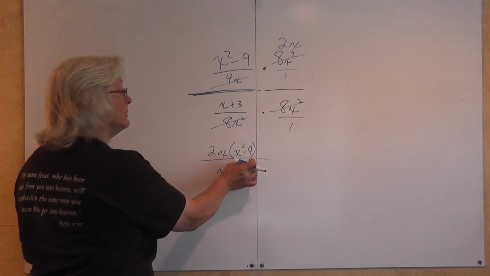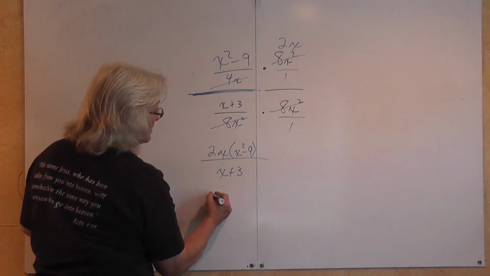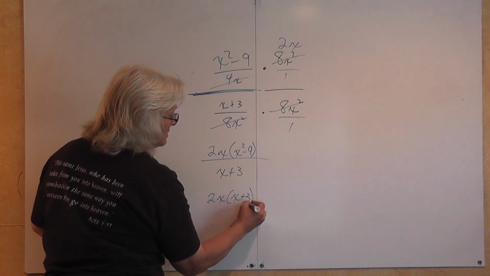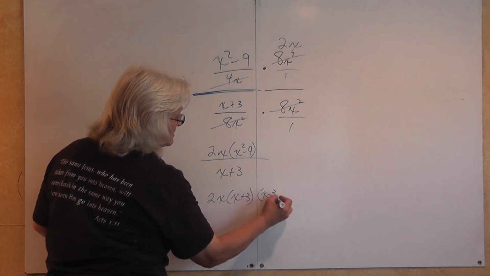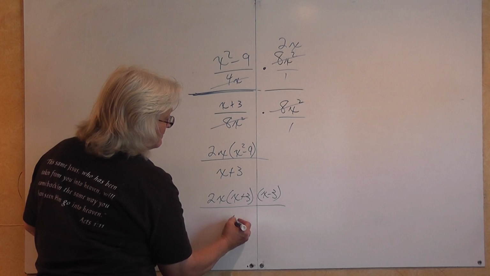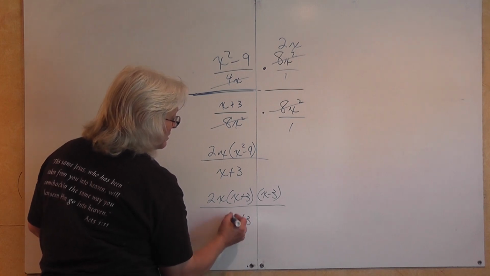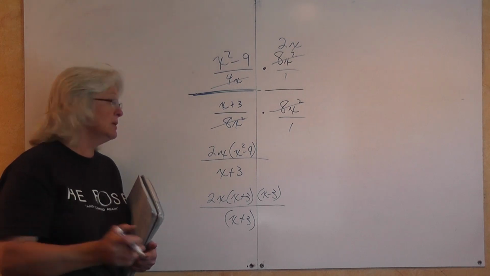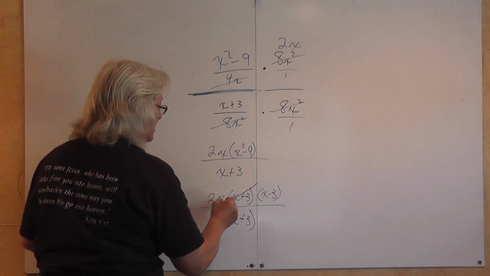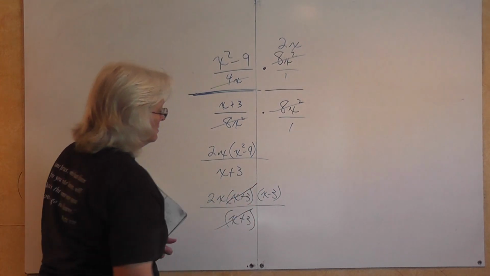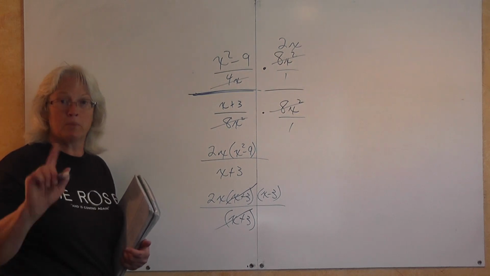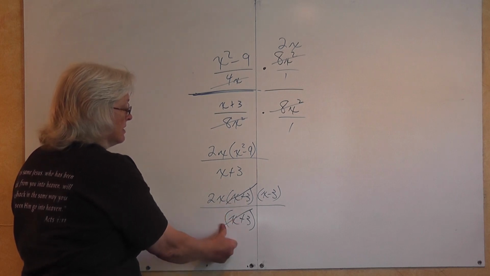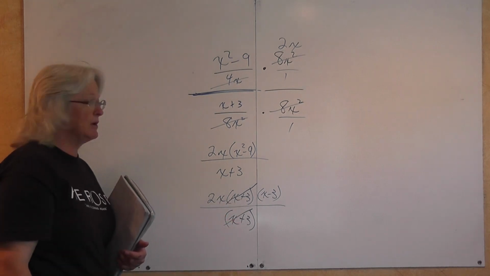Yeah, we do now have the difference of two squares. 2x times x plus 3 times x minus 3, all of this over a factor of x plus 3. We have the same binomial factor in the numerator and in the denominator.